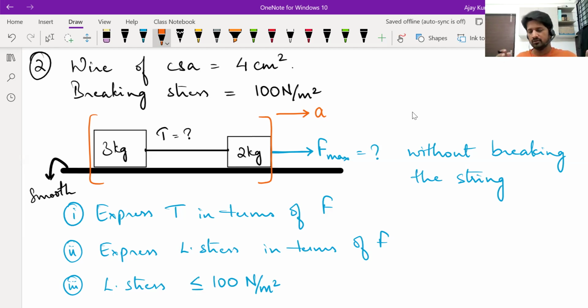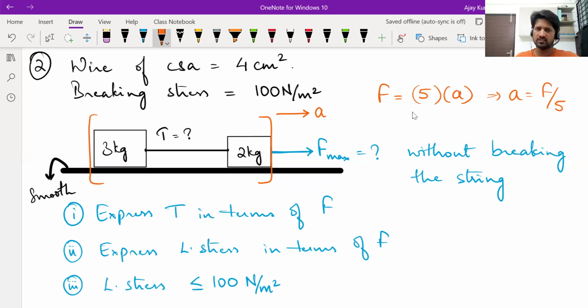Fine. So visualize the motion of the entire system first. The 3 kg and 2 kg together move with a common acceleration. Now, for the entire system, F is giving that acceleration. So you can write F is equal to the total mass of the system multiplied by the common acceleration. So you can say acceleration is F by 5.